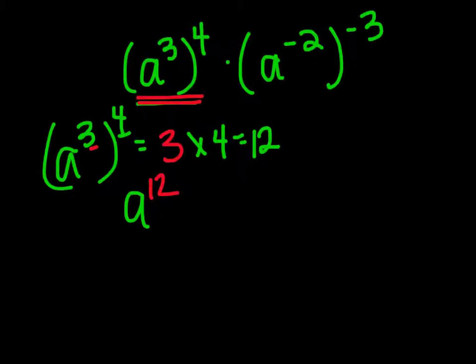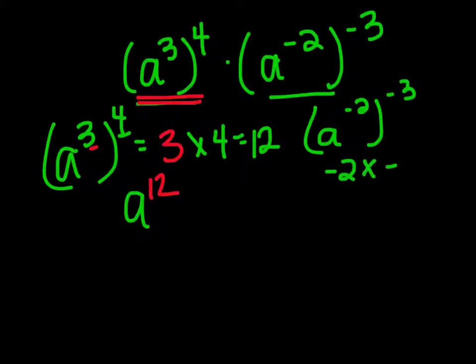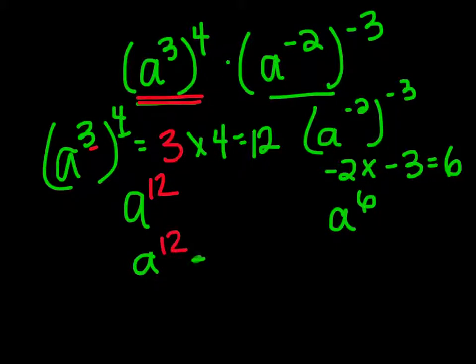And this next part is a to the negative 2 raised to the negative 3. So we could do negative 2 times negative 3, which equals 6. So that can be rewritten as a to the 6th power. So in total, if we were to look at all this, we have a to the 12th power times a to the 6th power.